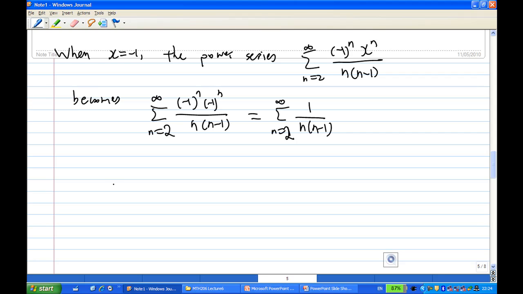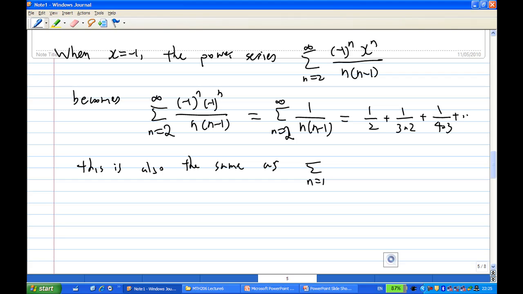And this series, if you look carefully, is also the same as a series starting from n equal to 1. Because this is actually 1 over 2 times 1, plus 1 over 3 times 2, plus 1 over 4 times 3, and so on. So you can also write it as 1 over 1 times 2, plus 1 over 2 times 3, plus 1 over 3 times 4.